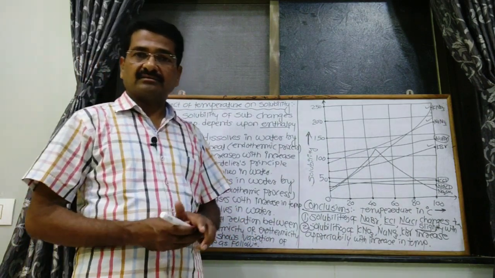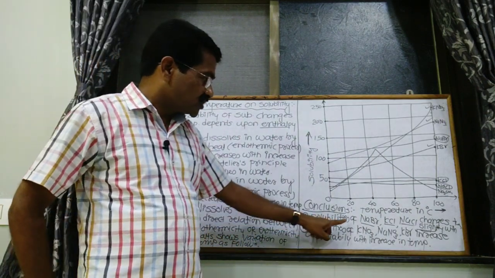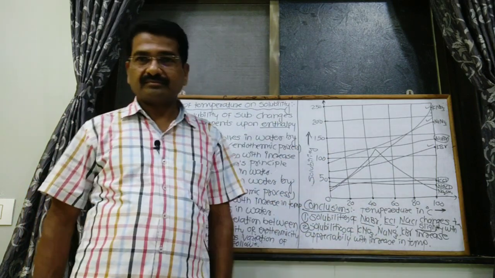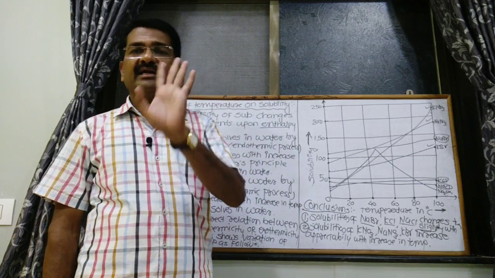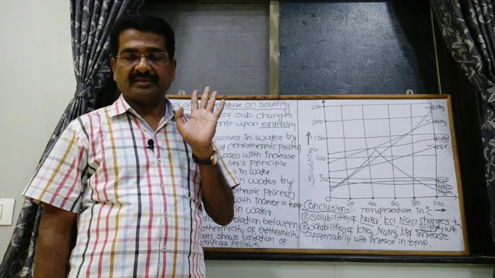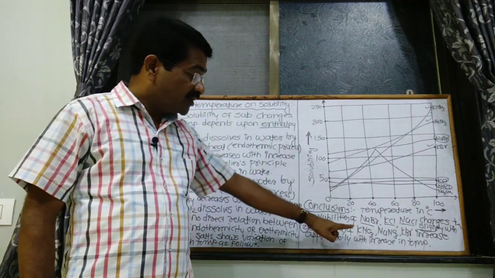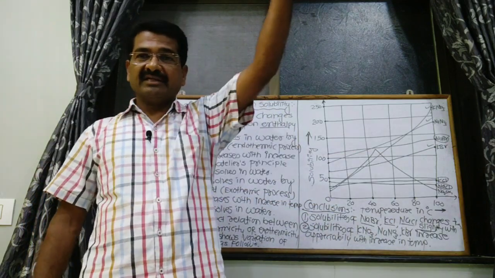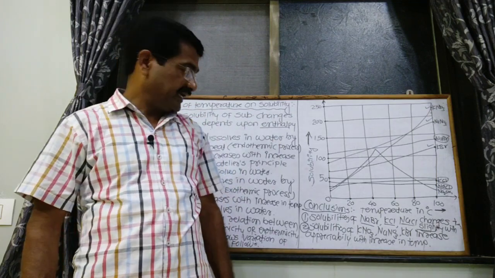So see the conclusions again. First conclusion: solubility of NaBr, KCl and NaCl changes slightly with increase in temperature. But the solubility of KNO3, NaNO3 and KBr increases appreciably, fast, with increase in temperature.